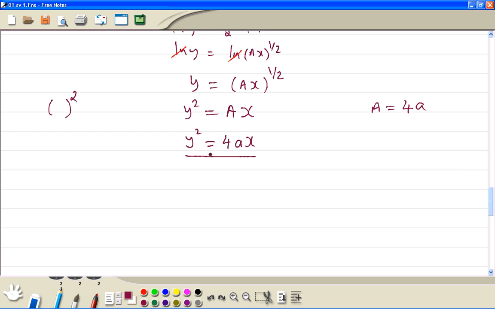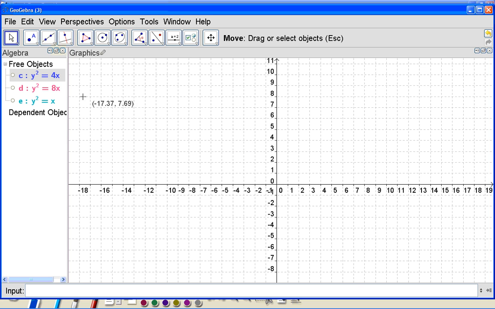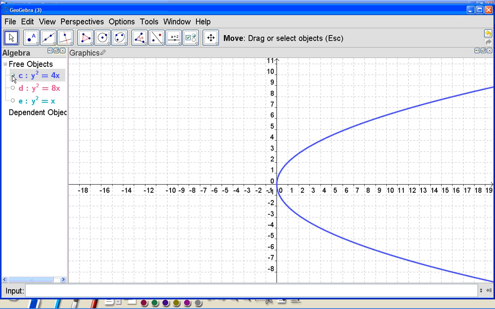We can sketch the graph of y squared equal to 4ax for different values of a. First we choose a equal to 1, so y squared equal to 4x. This produces this graph.